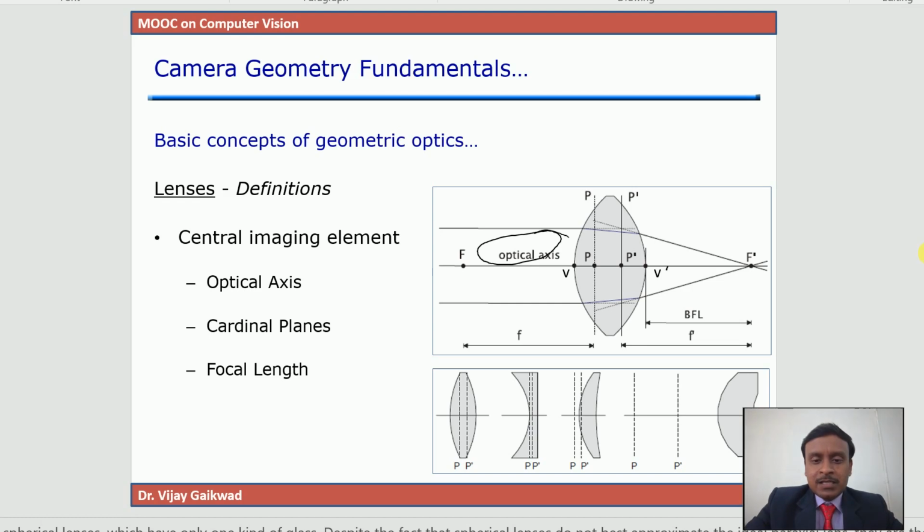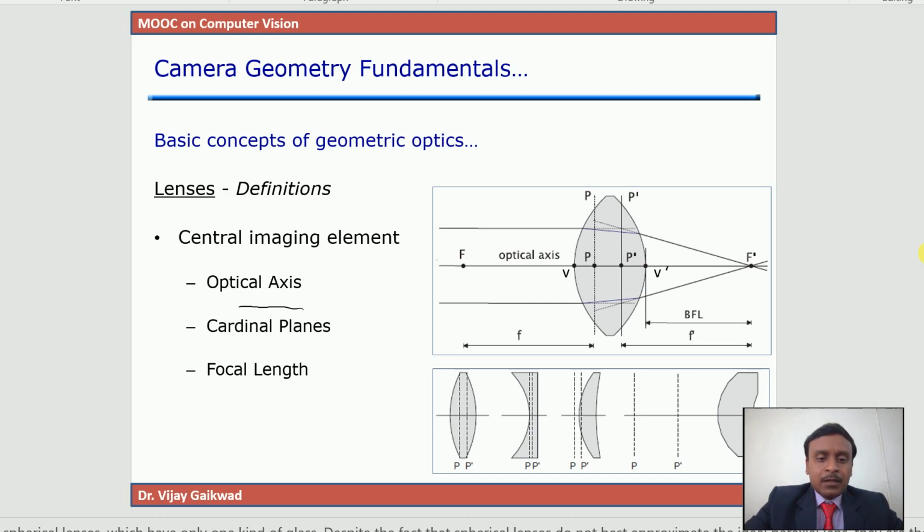This axis travels exactly through the center of the lens, and hence it's called the optical axis or Z axis. As per the previous discussion, if the incident ray travels along this optical axis, then the angle made is very negligible, and we approximate it with the equation n1 alpha 1 equal to n2 alpha 2 as mentioned. Such a ray, which is traveling close to the optical axis, is called a paraxial ray.